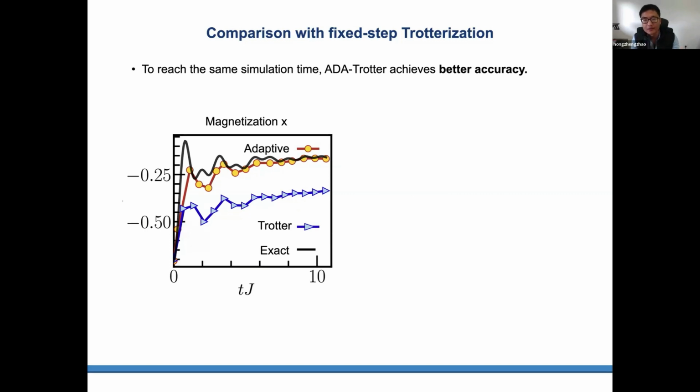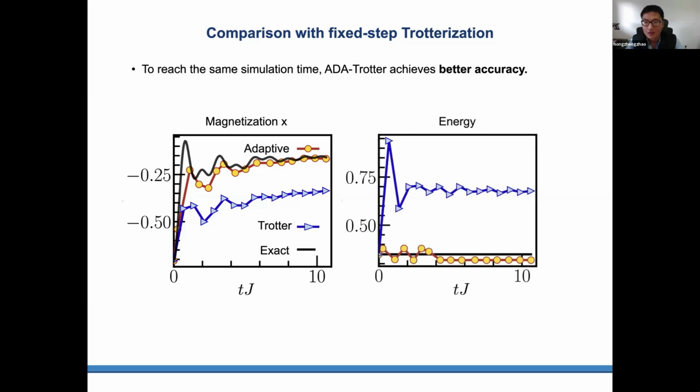Again, these black lines are exact solutions, and the orange dots are the adaptive Trotterization method, and you can see they closely follow the exact solution. But if you just use a fixed step Trotterization method, even for the first step you see a huge error in local observables, and this error can never be corrected back to the exact solution.